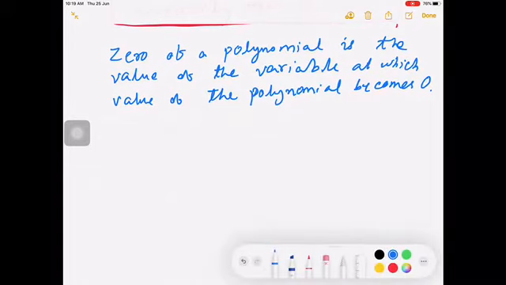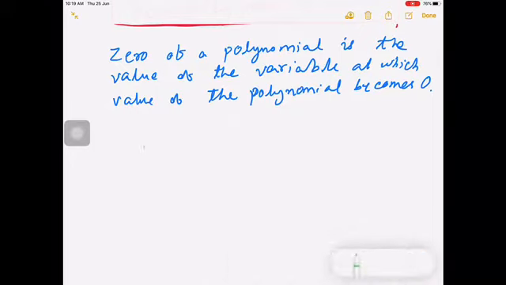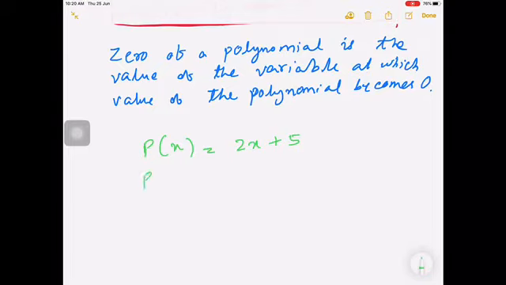So let us take another example. Let us take p(x) equal to 2x plus 5. Okay. So what is the value if we take x equal to 1? So it will become 2 into 1 plus 5, that is equal to 7.